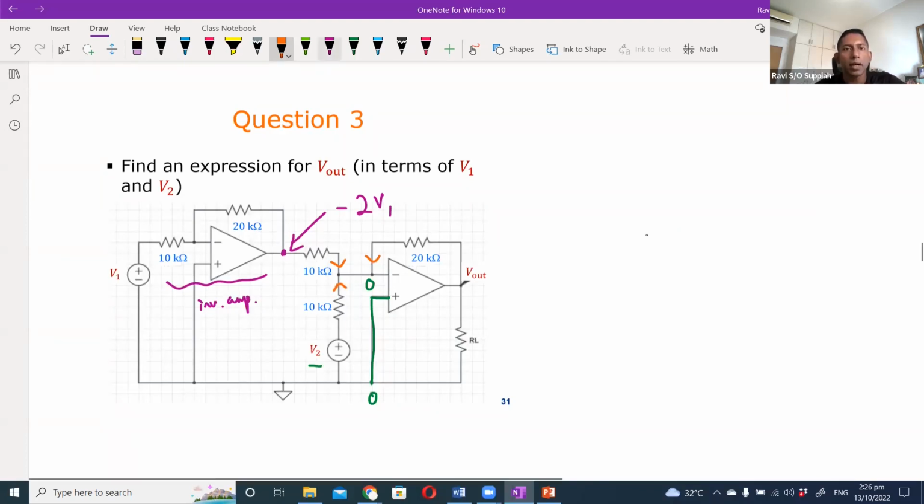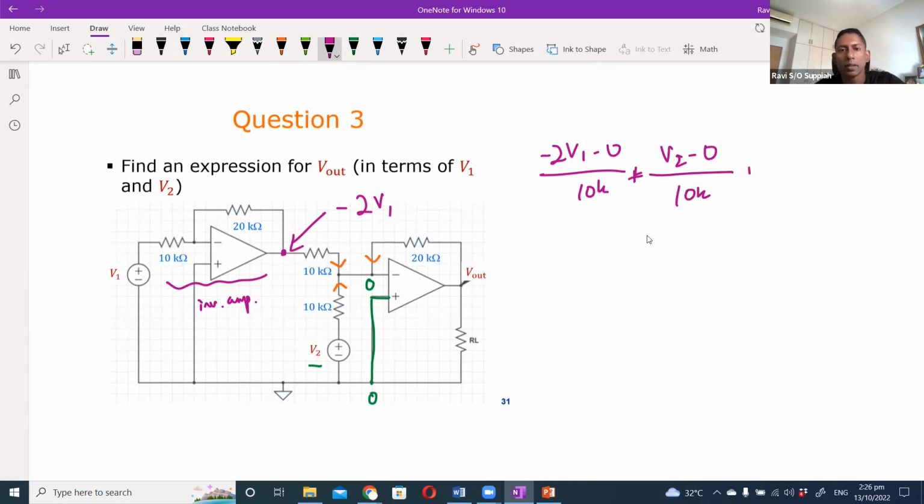So the expression I will get is negative 2V1 minus 0 over 10k plus V2 minus 0 over 10k plus V out minus 0 over 20k equals 0. Once you have that, you have your final expression that V out equals 4V1 minus 2V2.